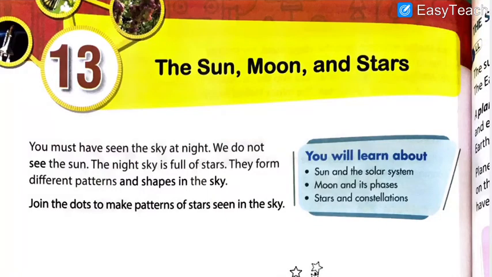So my dear little champs, this is your chapter number 13, the sun, moon and stars. I don't need to explain what the sun, moon and stars are. Sun is the biggest star. Now you will say biggest star, but it is the biggest star of our solar system, of the Milky Way.